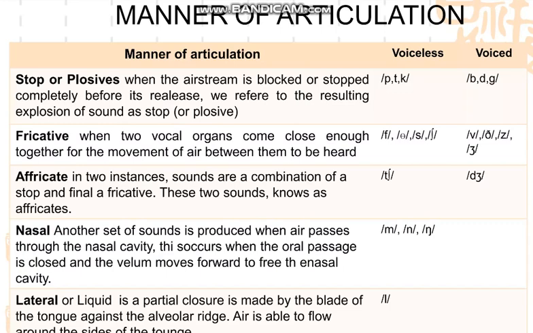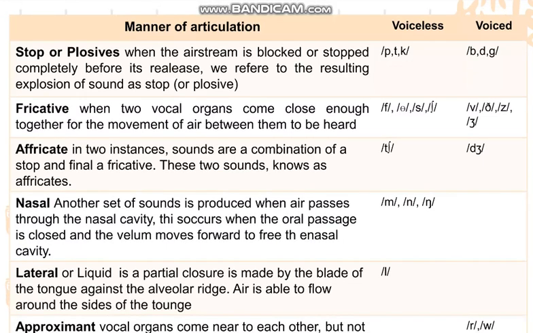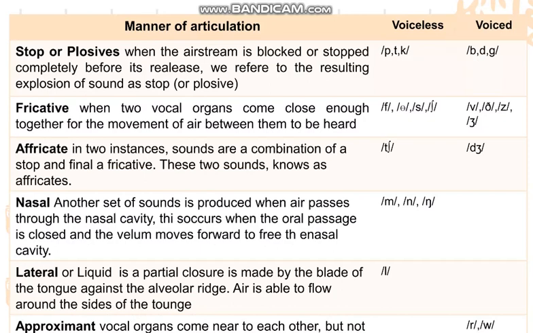Nasal: another set of sounds, produced when air passes through the nasal cavity, which occurs when the oral passage is closed and the velum moves to free the nasal cavity. Lateral: a sound made by the blade of the tongue against the alveolar ridge. Approximant: the vocal organs come near to each other but not so close as to cause audible friction.